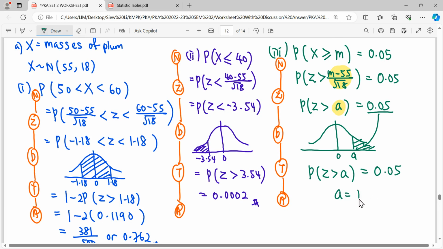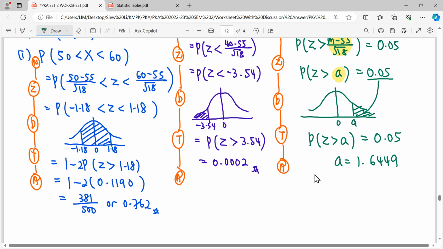So A is 1.6449. Then we substitute back the A. Just now I represented it by n minus 55 over square root 18. Then simplify, which means how to get your n? It will be 1.6449 times your square root 18 and then add back 55.